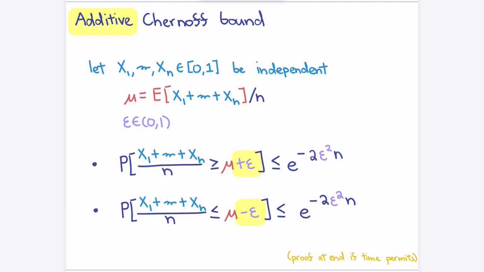And said, okay, the odds of being off by epsilon, if you divide by n, so the odds of being off by 5% will be e to the -2 times 5% squared times n. It's sort of a similar form to multiplicative Chernoff if you think of clearing out the n's on each side and you have an epsilon here and something that looks like epsilon n up there. So that is the additive Chernoff, and we'll use it today. And that'll give more intuition.